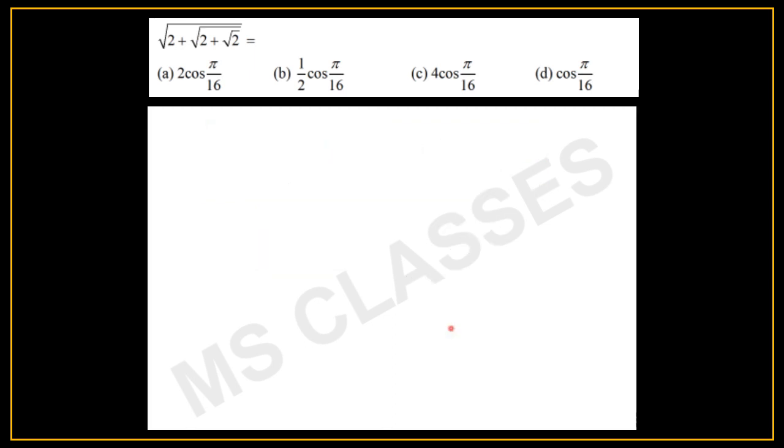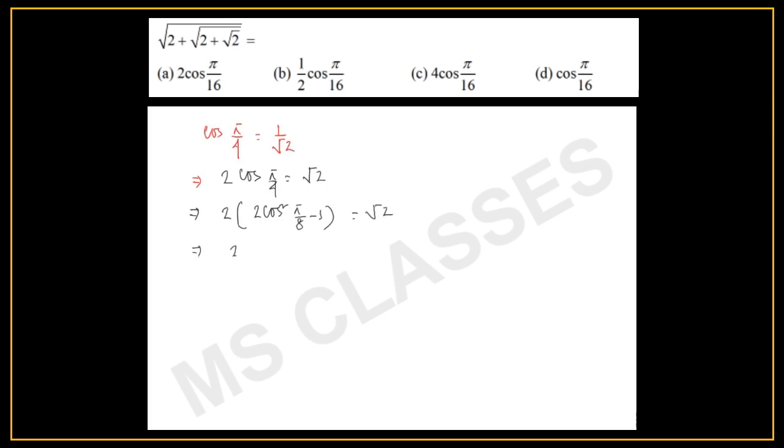Let us understand what is the basic logic behind this sum. If we have cos pi by 4, we know this is 1 by root 2. Now here we can simplify it further by multiplying by 2, and we can write 2 cos pi by 4 equal to root 2. Now here we can say 2 into 2 cos square pi by 8 minus 1 equal to root 2.